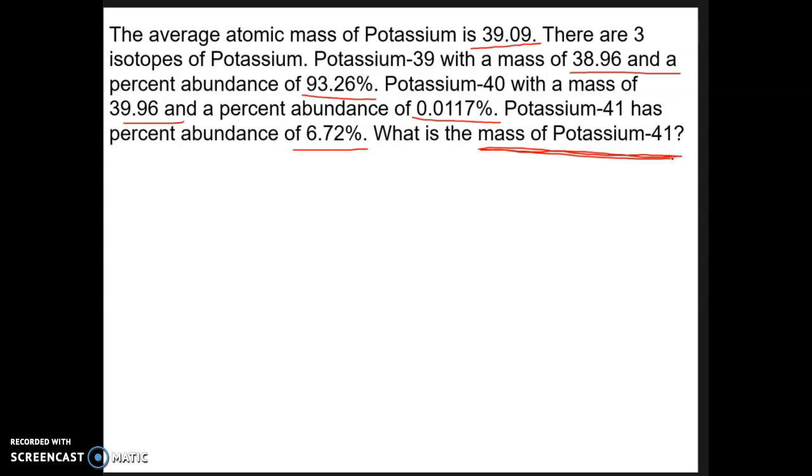Okay, thinking about my equation, it's average atomic mass equals mass times percent, plus mass times percent. So I know my average atomic mass, 39.09 equals the mass of my first isotope, which is potassium 39.